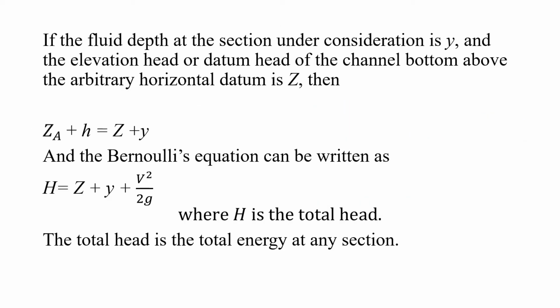If the fluid depth at the section under consideration is Y, and the elevation head or datum head of the channel bottom above the arbitrary horizontal datum is Z, then ZA plus H can be written as Z plus Y, and the Bernoulli equation can be written as H equals Z plus Y plus V square by 2g. Here H is the total head, which is the total energy at any section.